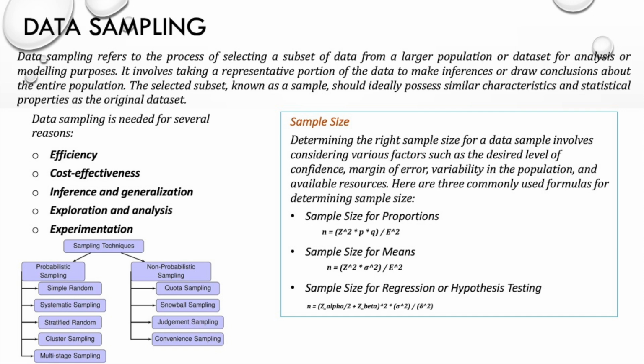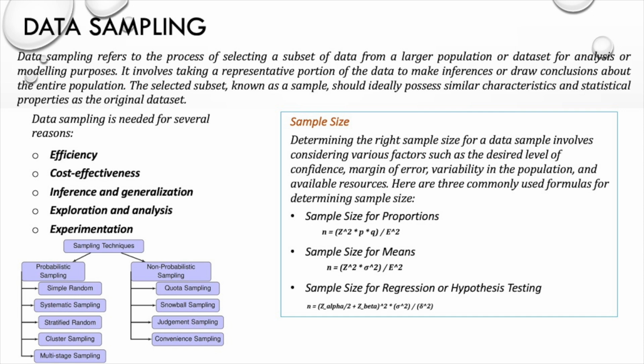insights. Inference and generalization. By selecting a representative sample, analysts can make inferences about the entire population. Statistical techniques allow for generalizing the findings from the sample to the larger population, making it possible to draw conclusions with a certain level of confidence. Exploration and analysis. Sampling allows analysts to explore and analyze subsets of data to gain insights and discover patterns or relationships.